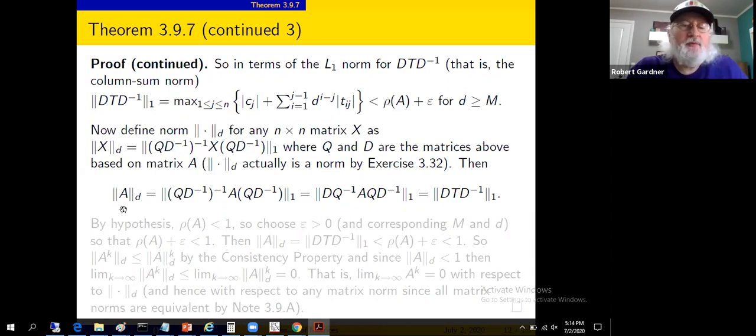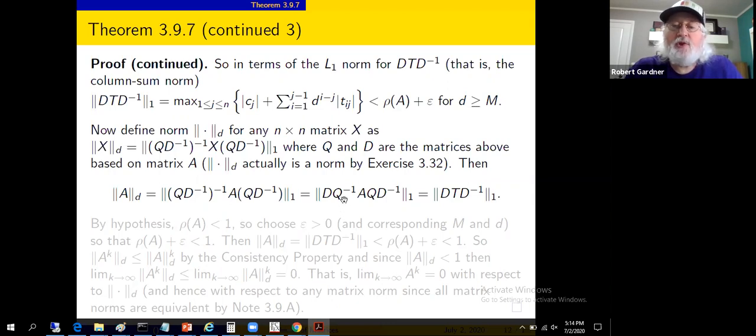Then, if we look at the D norm of matrix A, that would be taking the X and replacing it with an A. So just place an A there. That's equivalent to, let's see, we've got an inverse of a product. That's the product of the inverses in the opposite order. That's how we get from here to here.